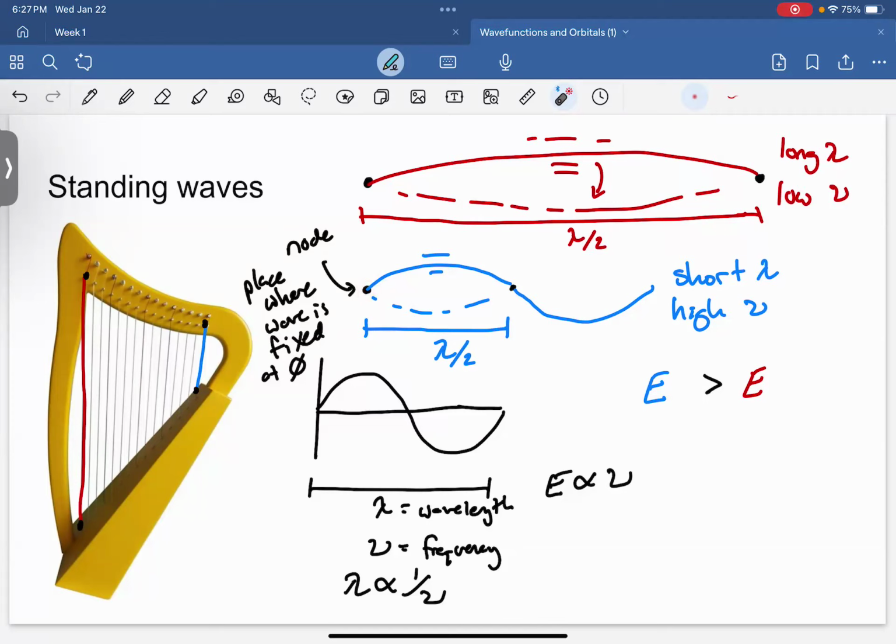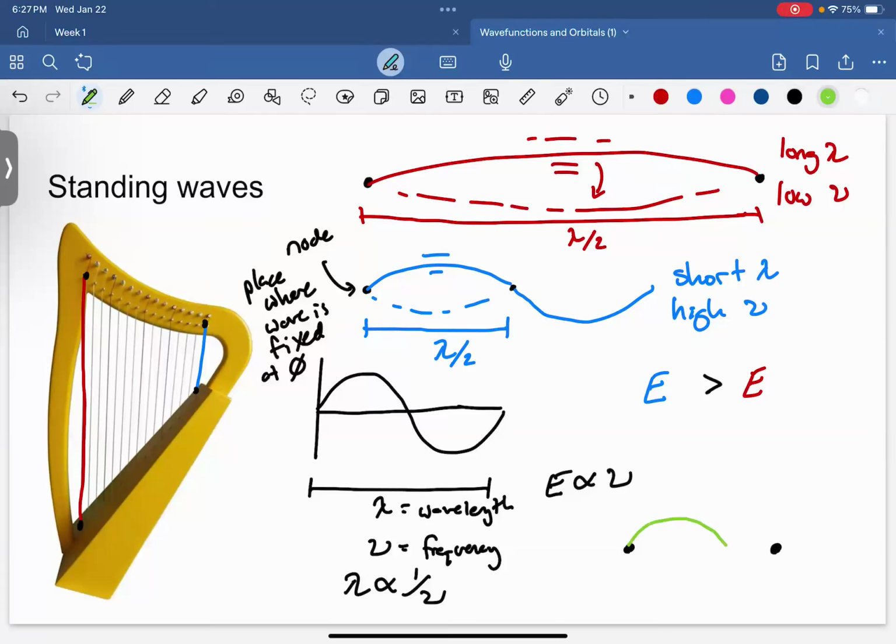Now, one cool thing about standing waves and the nodes they have is that it necessarily means we have quantized energy levels. Because we know that energy is related to this wavelength, we can't just have any wavelength for a given set of nodes. So for example, let's say I have these two nodes at this distance.